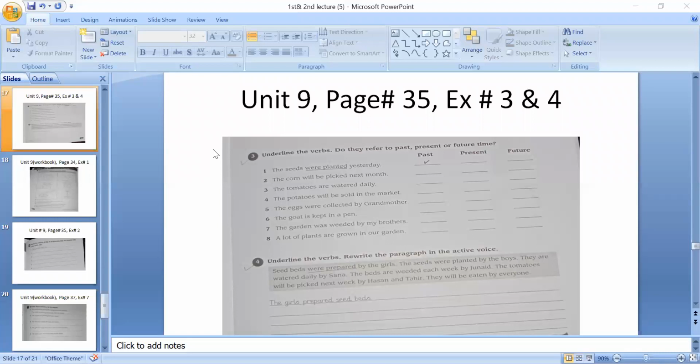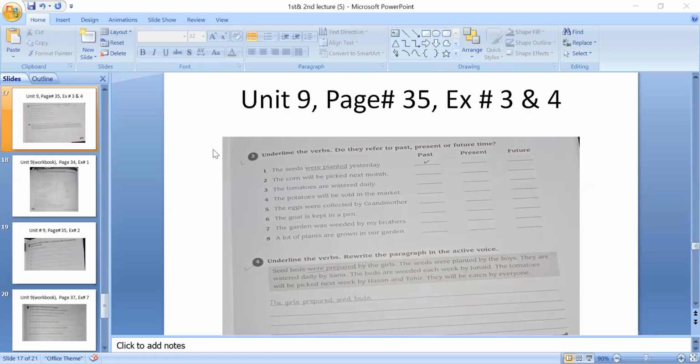The eggs were collected by grandmother. Were collected. Good boy. Only were collected. By will not be underlined. You will only be underlining were collected. And which verb is it? Is it a past verb, present verb, or future verb?